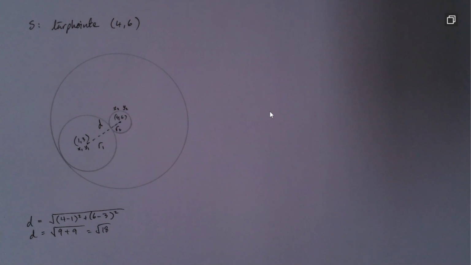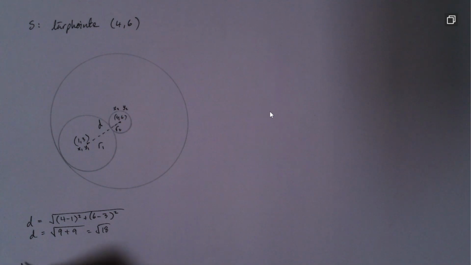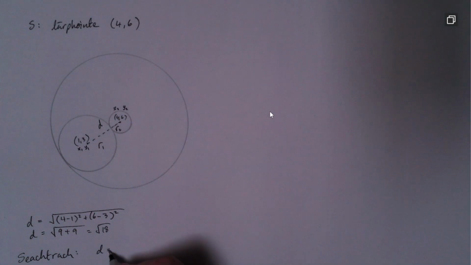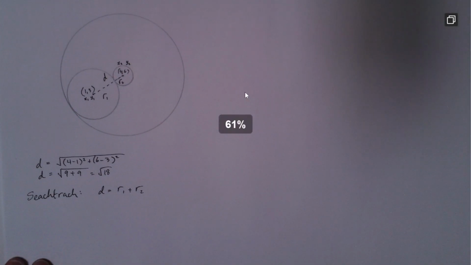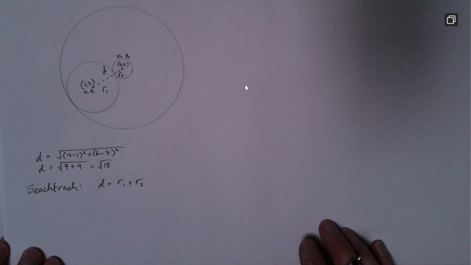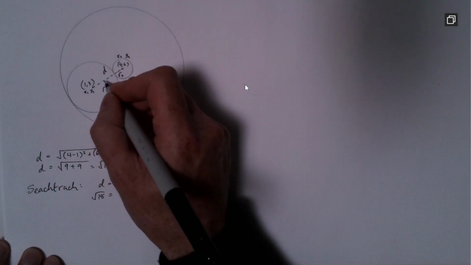Now, for external tangency, the distance between centres d equals r1 plus r2. So for external touching circles, d equals the square root of r plus r2.